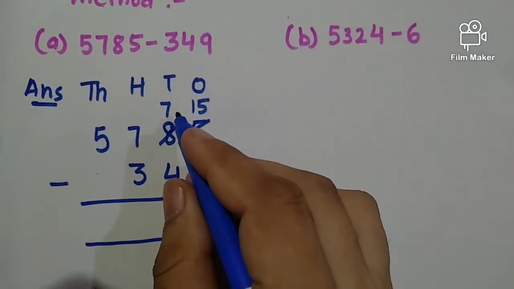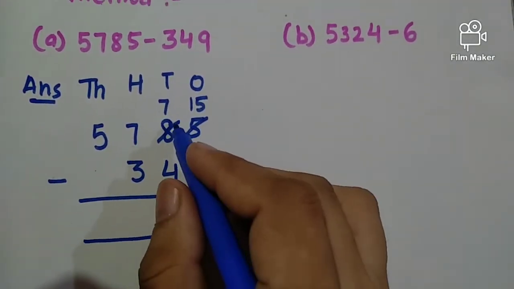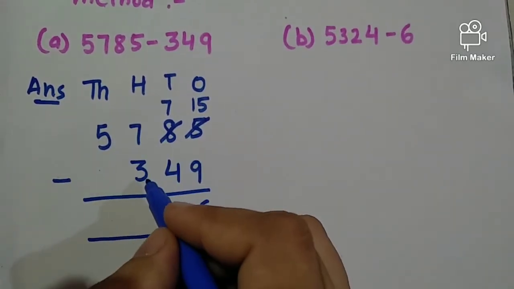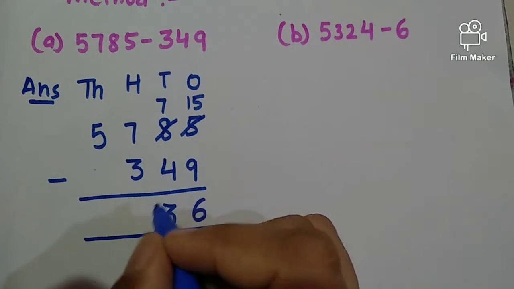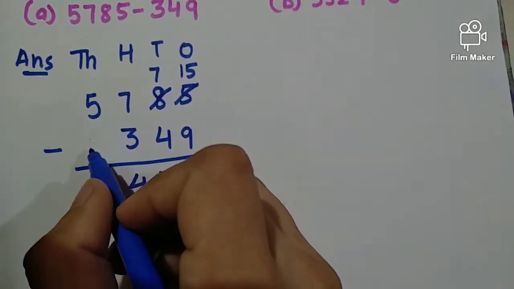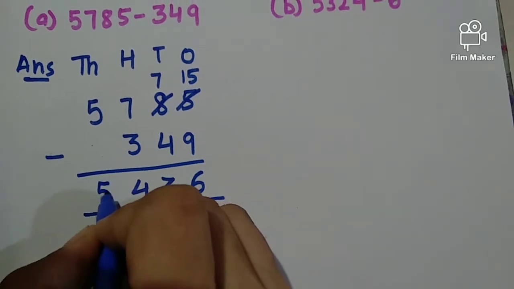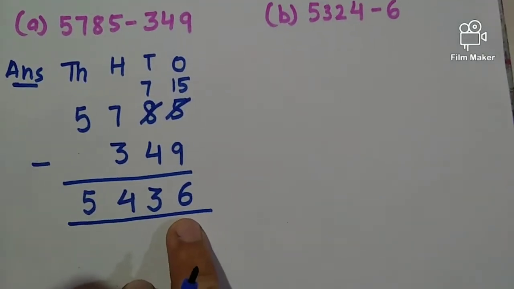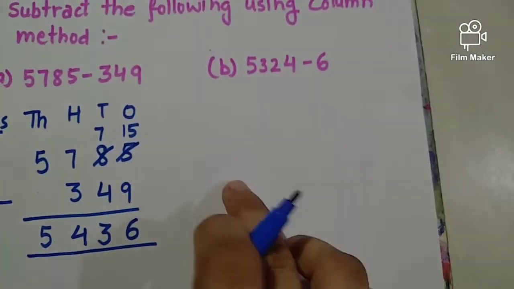And then tens place, when I subtract 4 from 7, I get 3. In the 100th place, when I subtract 3 from 7, I get 4. And here at the 1000 place, there is nothing to subtract, so 5 as it is. So we get a number 5436 here.